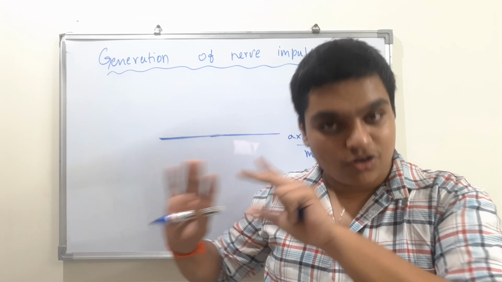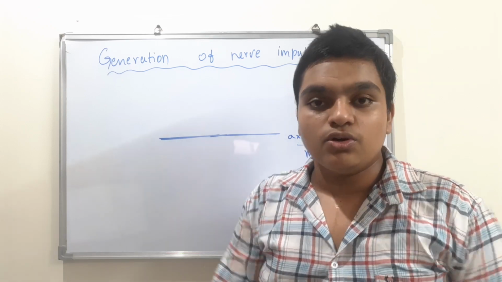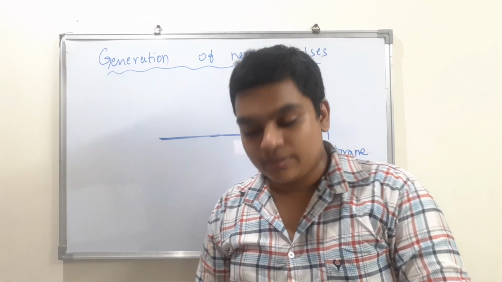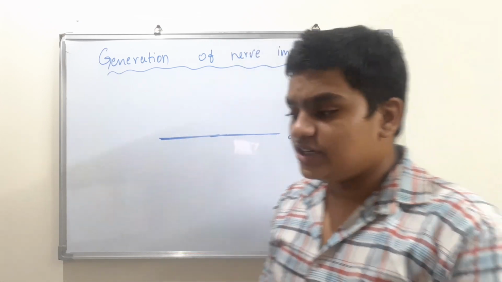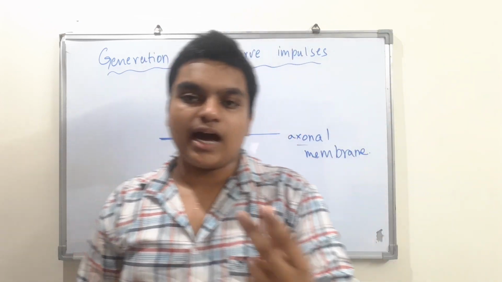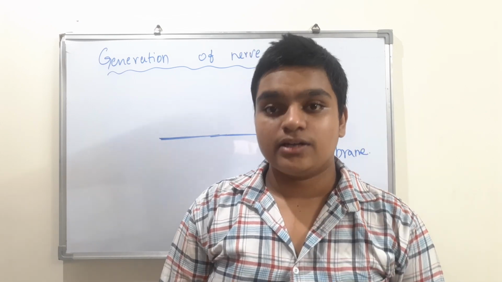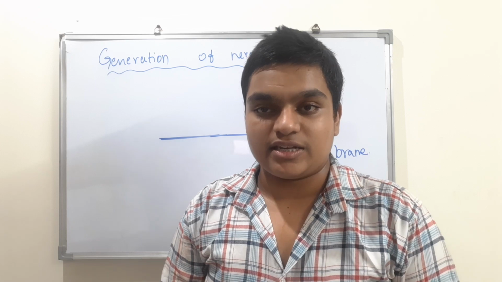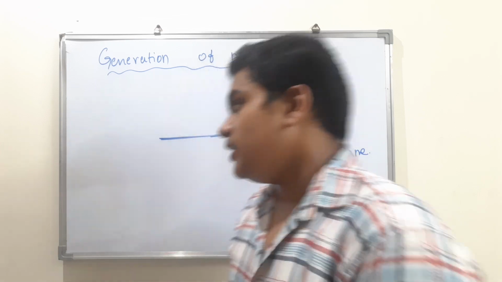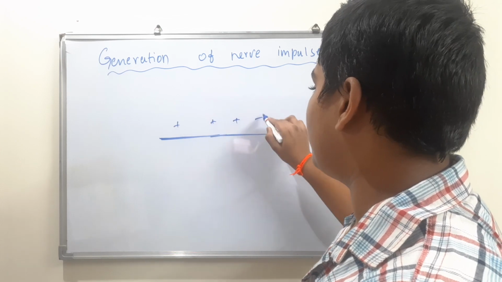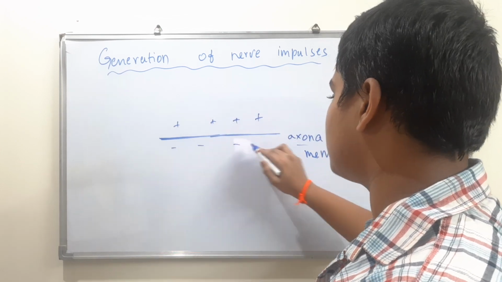Neurons are also very excitable to the electrical potentials generated in them. Why is it happening like this? This is because they are in a polarized state. Now what is the meaning of polarized state? This is the axonal membrane, with positive charges on top and negative charges on the bottom.